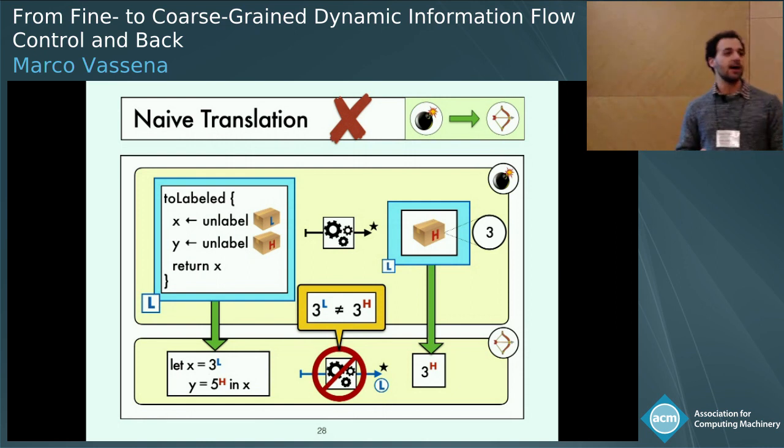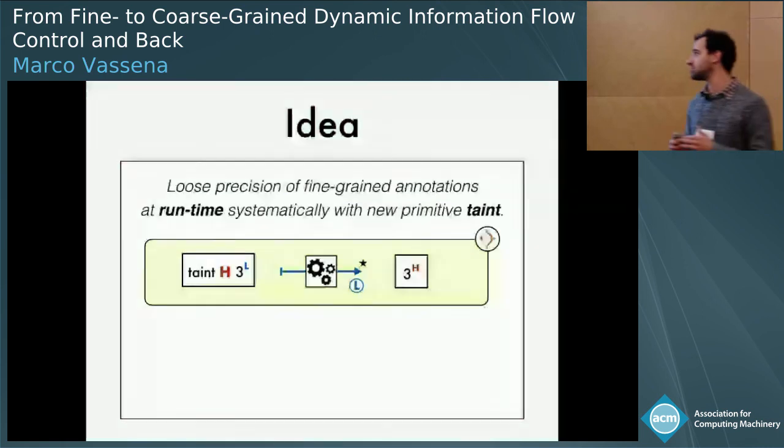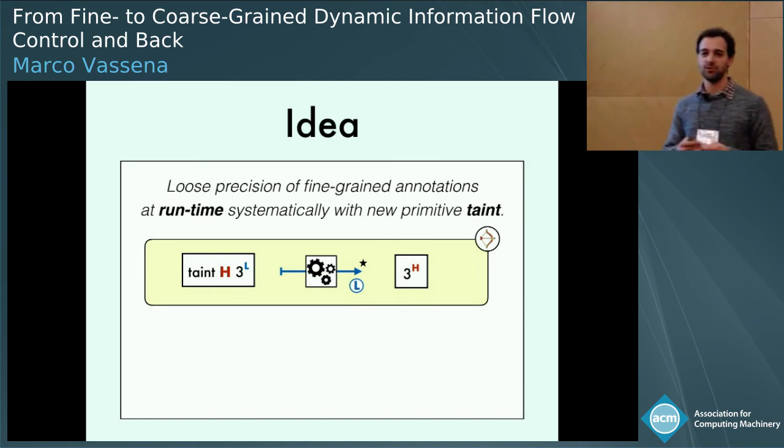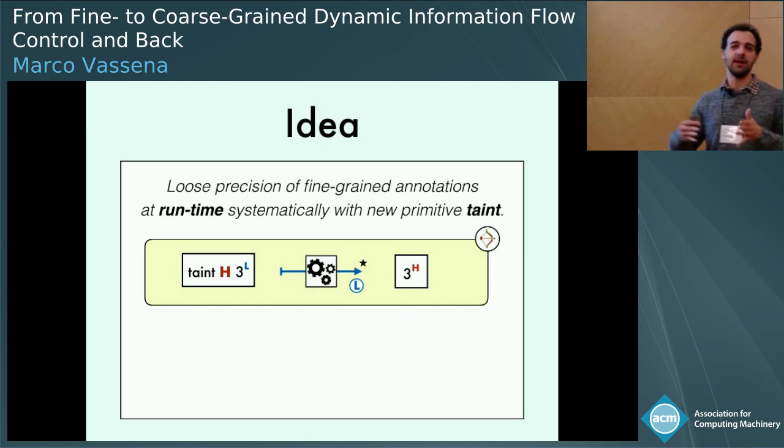Now, the idea is to lose the precision of the fine-grained system in a controlled way systematically at runtime. For this reason, we use the primitive taint. This is a primitive that simply upgrades public data to secret, and it's a primitive that is completely safe, and it's a trivial extension to both calculi.